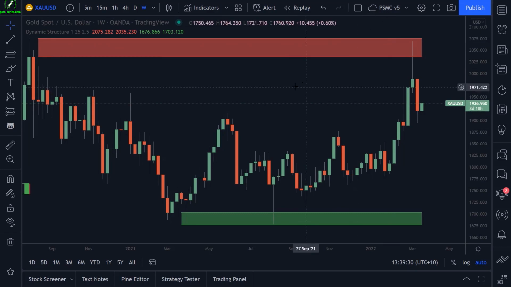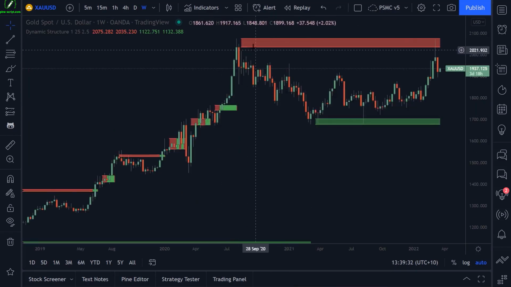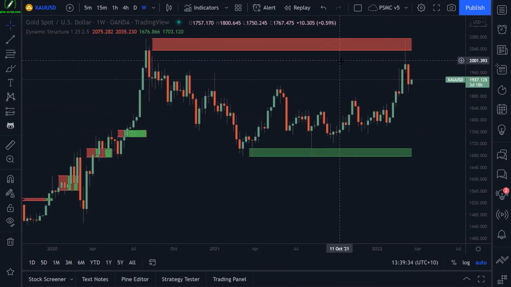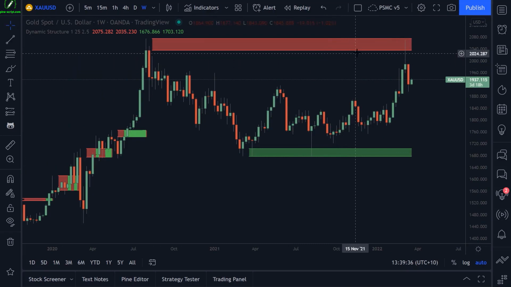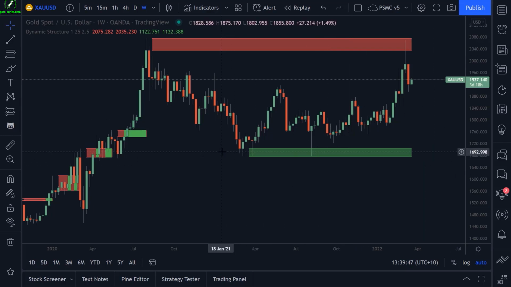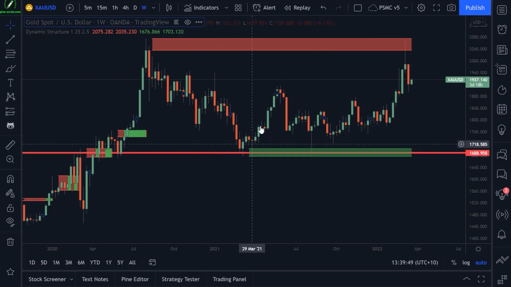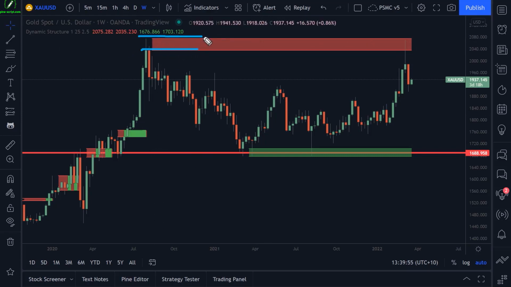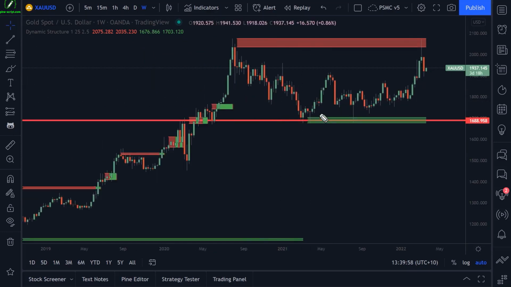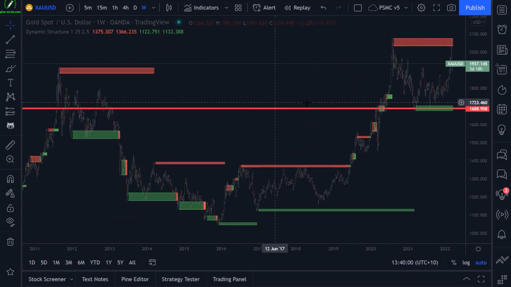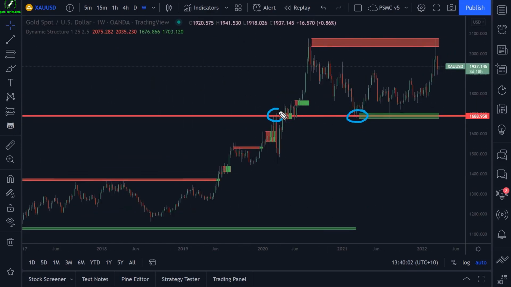I personally prefer to trade support and resistance manually using discretion. I still have rules that govern what I can and can't consider a support or resistance zone to be valid. One great example of this is that I only trade support and resistance zones that are either very major. So in this case here, this is a zone that I would consider to be major. Or in this case here, a zone that is tested as support and resistance multiple times.